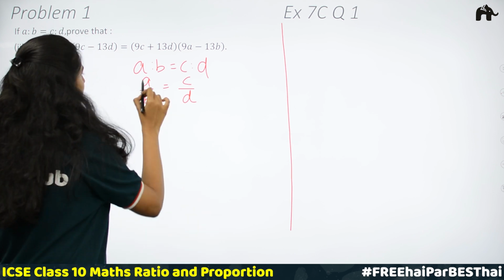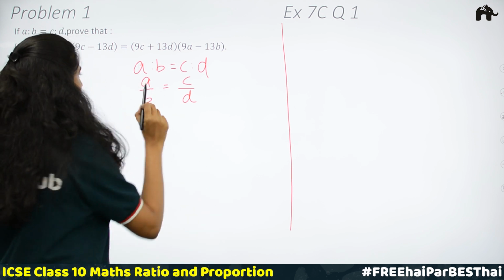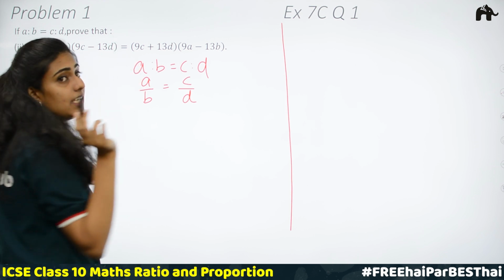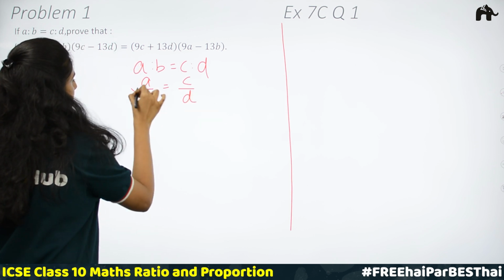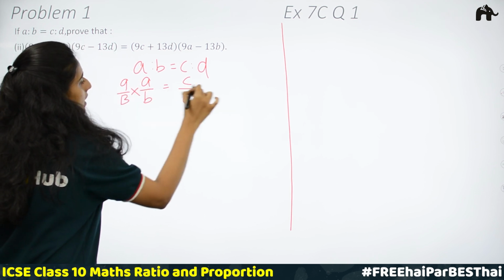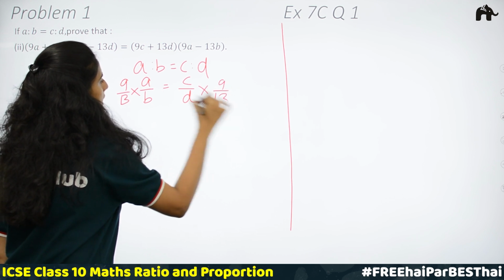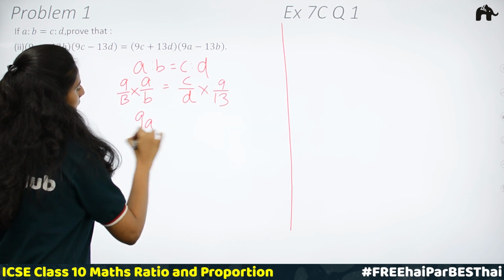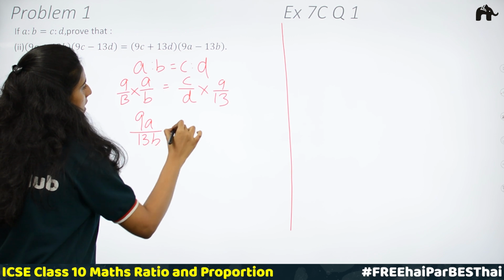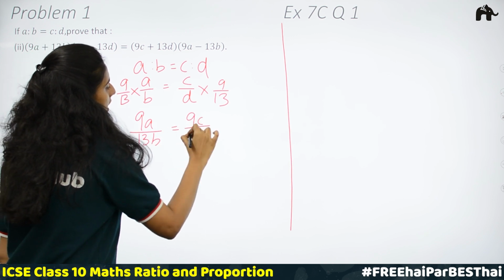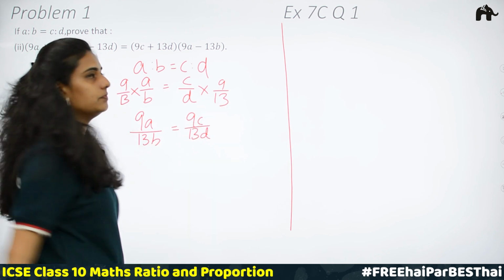Okay. We are going to multiply with 9 by 13 on both sides. This becomes 9a divided by 13b is equal to 9c divided by 13d.